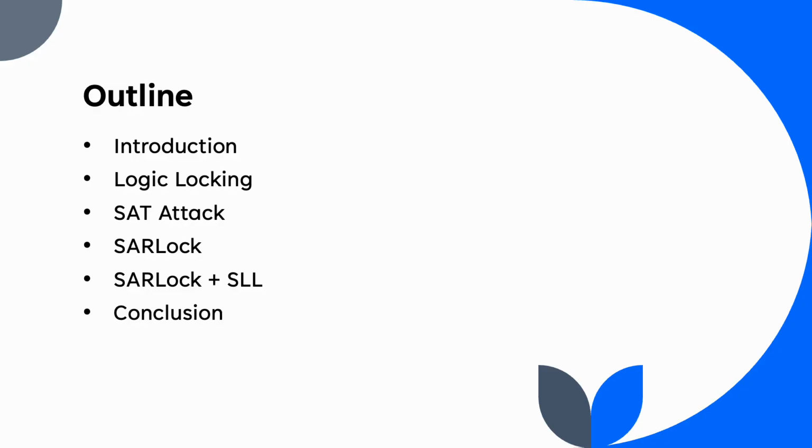Then we will look at the SAT attack, a powerful method used to break logic locking. After that, we will introduce SARLock, a novel approach to resist SAT attacks. Finally, we'll conclude with a summary of our findings and the significance of SARLock in hardware security.